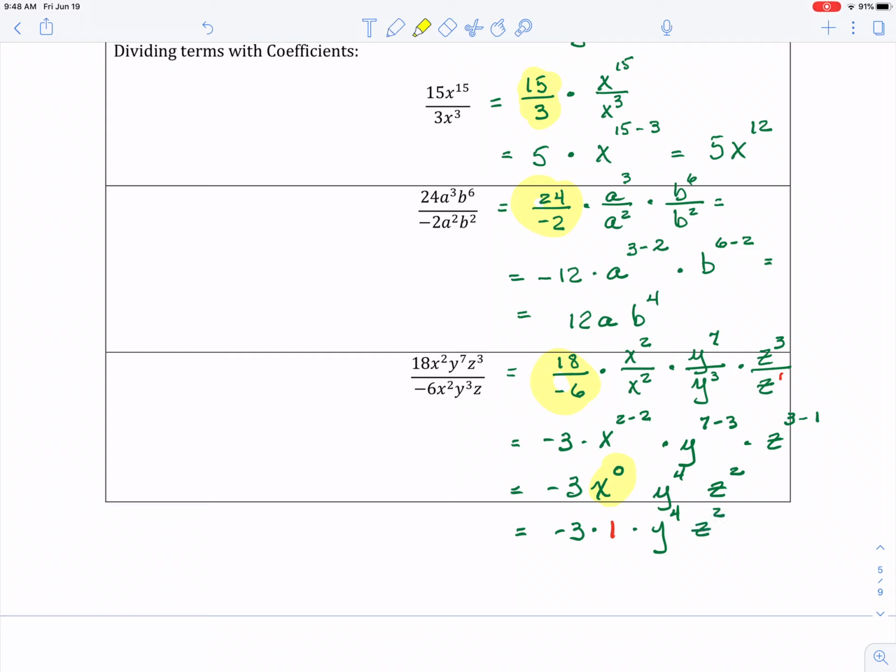So you might want to think of it as multiplying by that multiplicative identity 1, so we just get -3 here, and then we write down the y to the 4th, z to the 2nd, because the x variable became equal to the value 1.